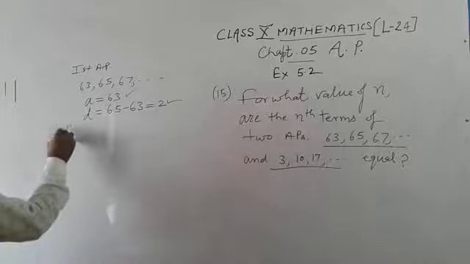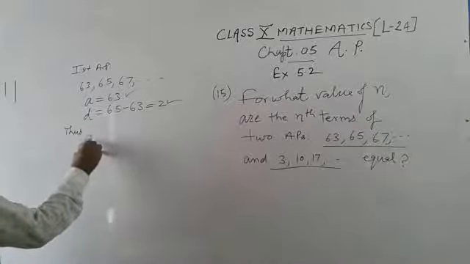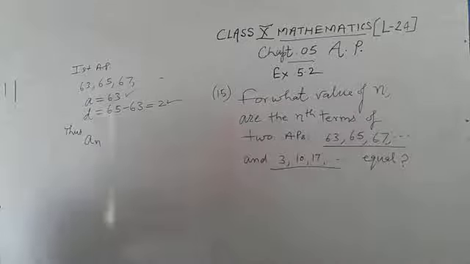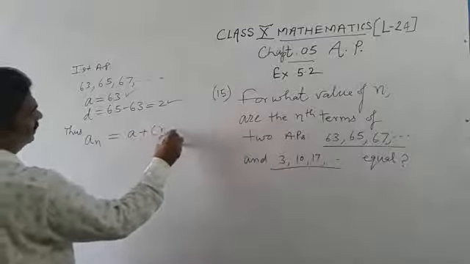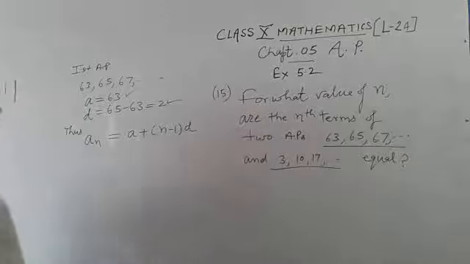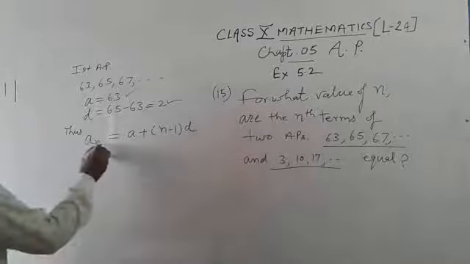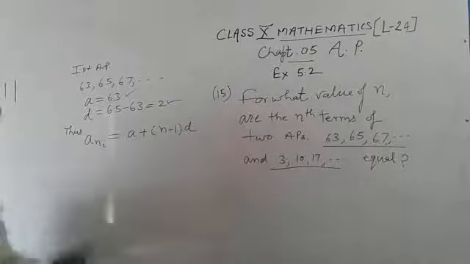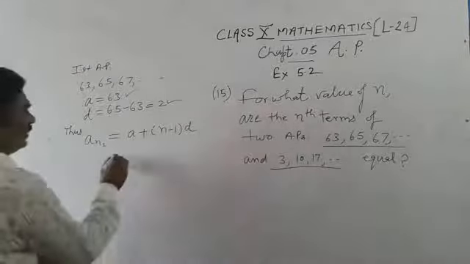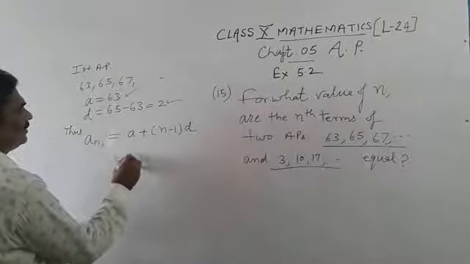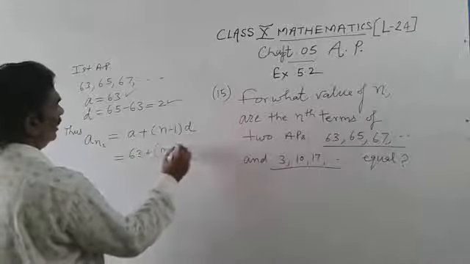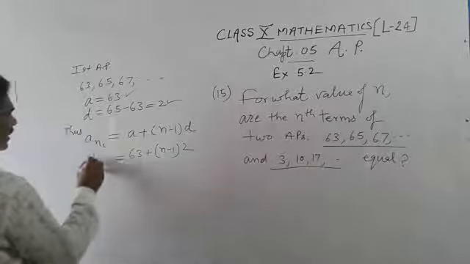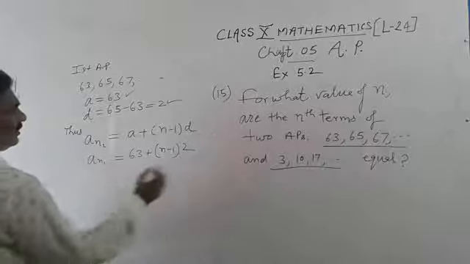Now the nth term an for the first AP is equal to A plus n minus 1 into D. We can write this as an1, which means this belongs to the first AP. Now here A is 63 plus n minus 1 and D is 2. So this is an1.